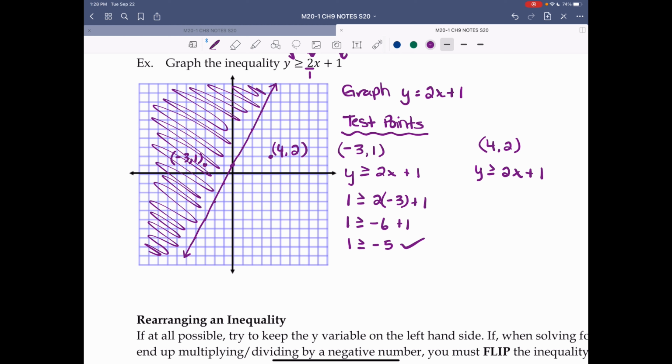Sub in our values. 2 is greater than or equal to 2 times 4 plus 1. 2 is greater than or equal to 2 times 4 is 8 plus 1. 2 is greater than or equal to 9. Is 2 greater than or equal to 9? No, that is false. So again, it tells us that we are shading the above part, or the part that's on the left.